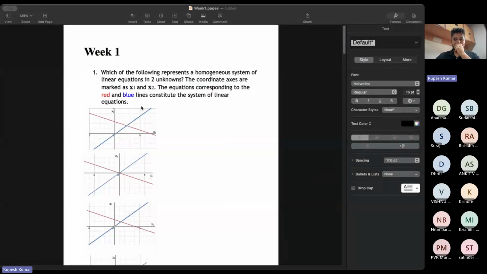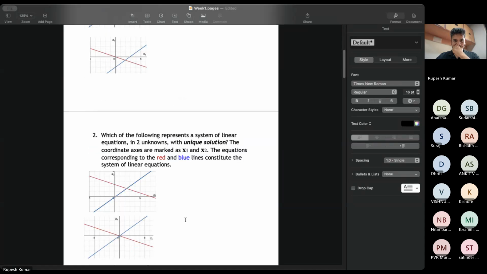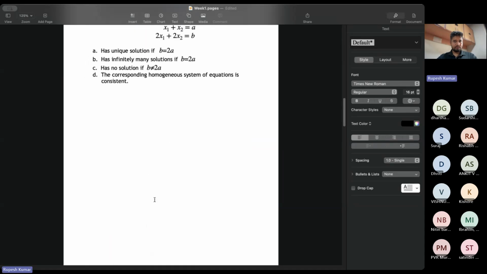Fine. So let's start with the first problem. Let me open another chat box. Is my screen visible, everyone? Is my screen shared with you guys? Anyone, please confirm.